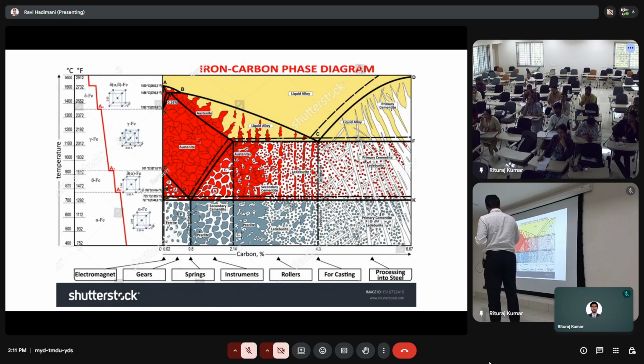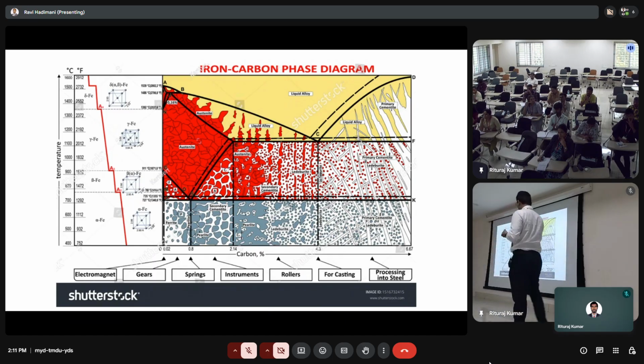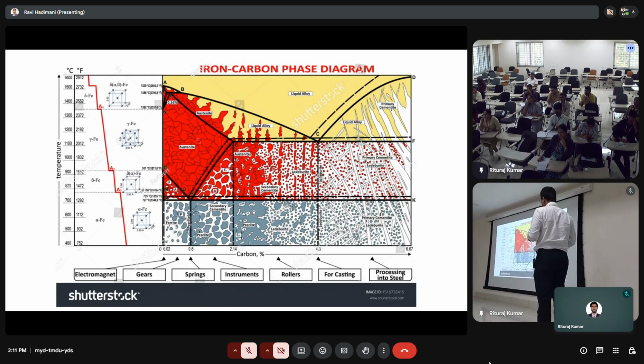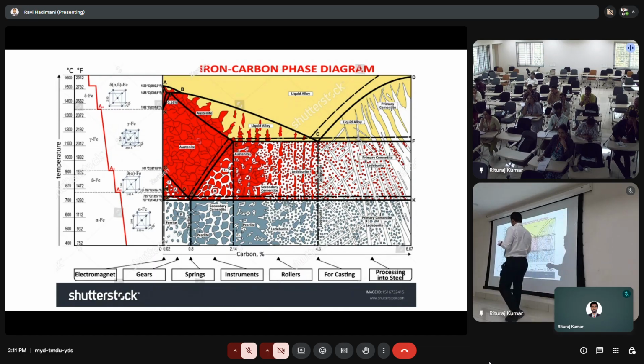This is the temperature here, and if you go from here to here, if you quench or do any thermal treatment, you can change the microstructure.